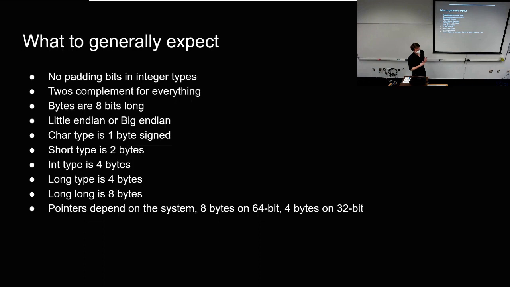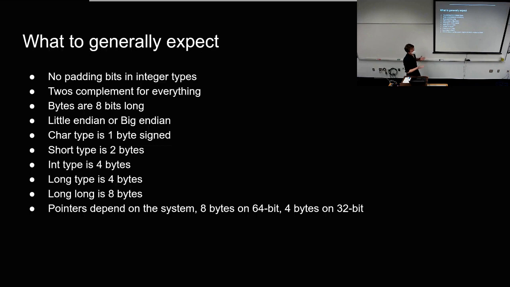We talked about how some values can have different sizes. These are what you can generally expect. This is not universally true, but it's the most common implementation nowadays. There are no padding bits in any integer types. 2's complement is used for every signed value. Bytes are 8 bits long.